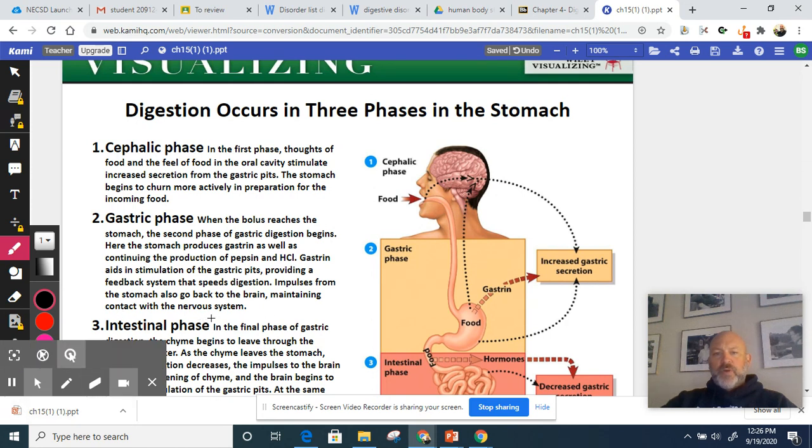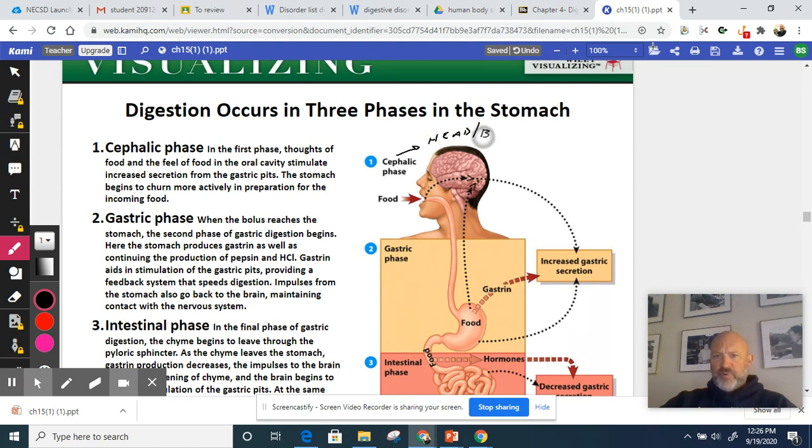So what's happening? Well, this is a negative feedback loop, right? The first part of digestion is called the cephalic phase. So if we see food, if we smell food, if food is entering into our mouth, that's the first part of digestion, called the cephalic. Remember, cephalic means head, right?